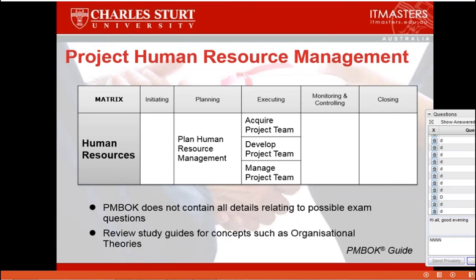We don't monitor and control people, we manage people. And that's why we've got manage project team. Well, maybe we should have manage project team under monitoring and control. There's an argument for that, so we won't get into that argument tonight. But just remember that we don't monitor and control our project team.